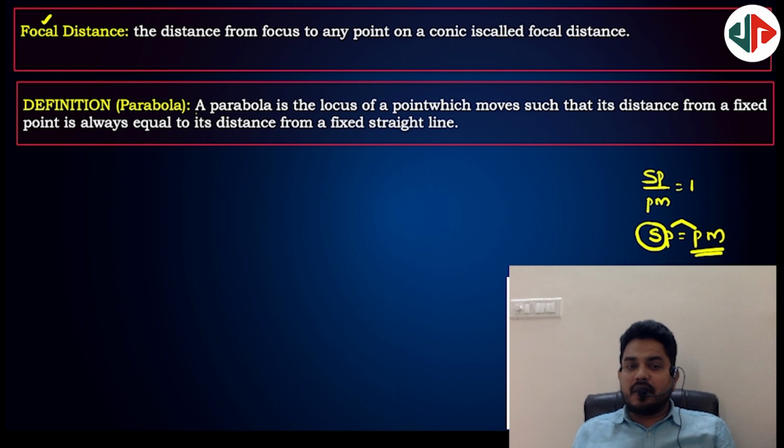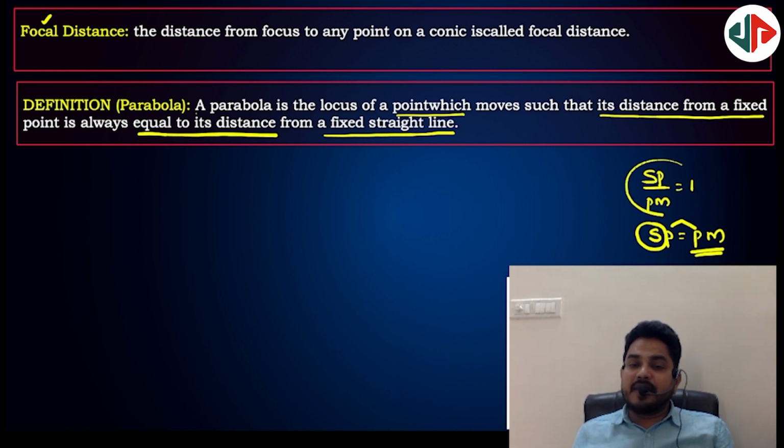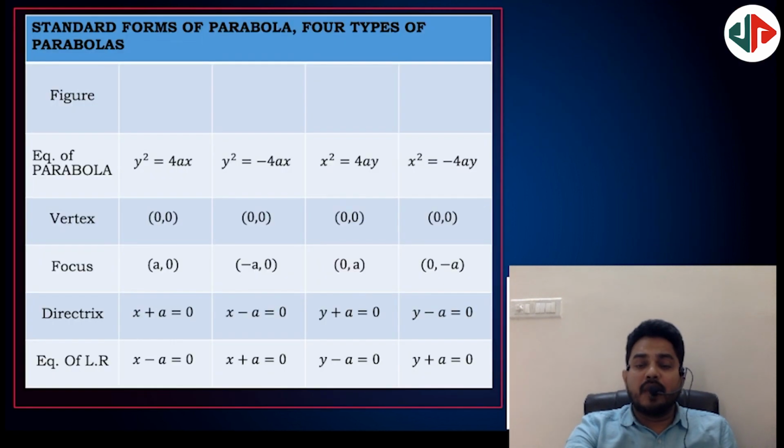A parabola is the locus of a point that moves such that its distance from a fixed point is always equal to its distance from a fixed straight line. That is the definition of the parabola: SP by PM is equal to 1.